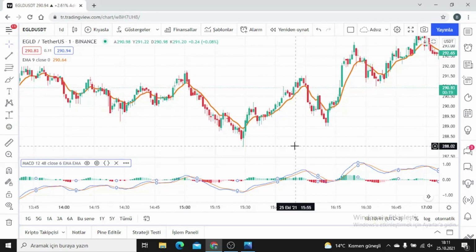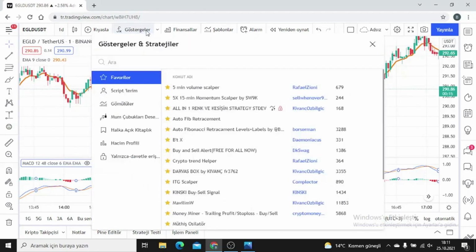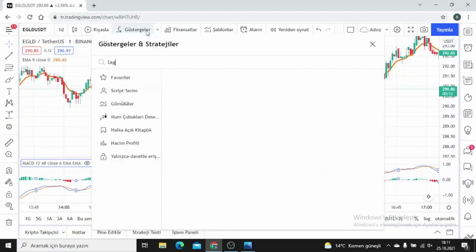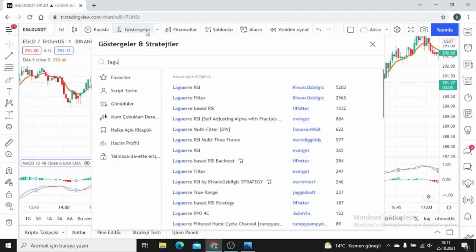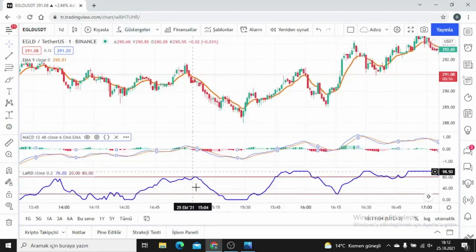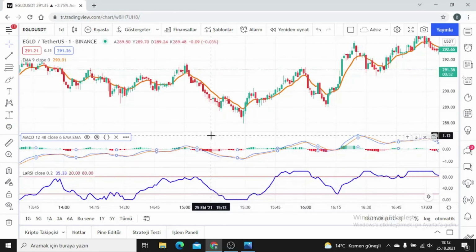The other indicator is the Laguerre RSI indicator, friends. I haven't told you about this before and I'm thinking of shooting a training video for it in the near future. We use LRSI, which we call Laguerre RSI, presented to us by our friend Kavanchaz Bilgic. In the same way, after opening up our indicator, friends, it appears here at the bottom.